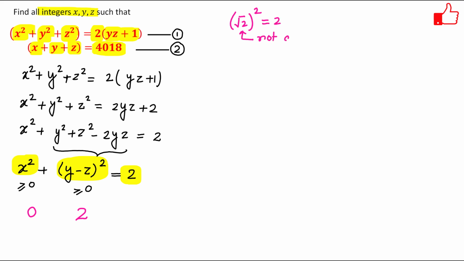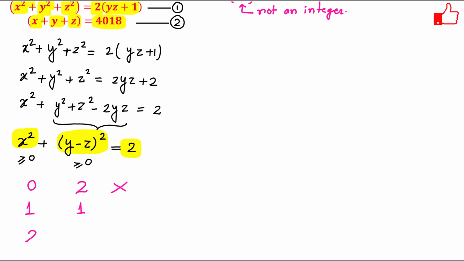So this possibility is ruled out. Now I have only one possibility, this is equal to 1 and this is also equal to 1. The other possibility you can think of, 2 and 0, is also not possible due to the same reason. So this is the only possibility.